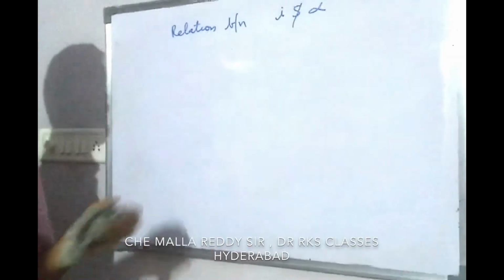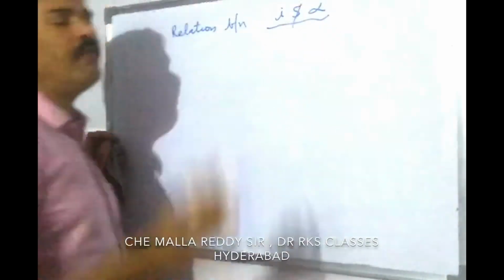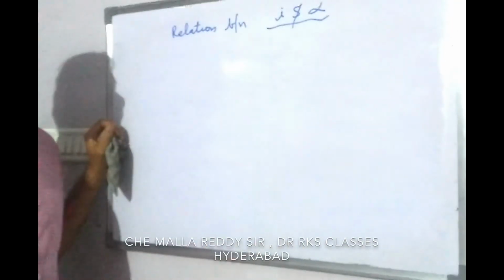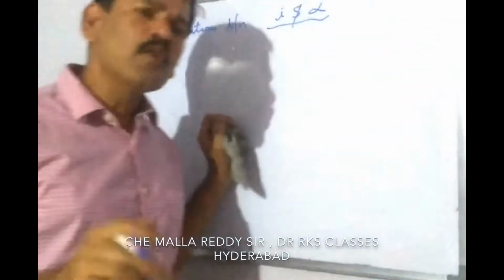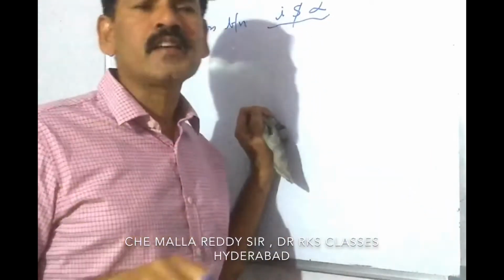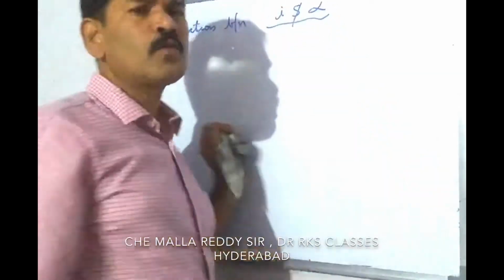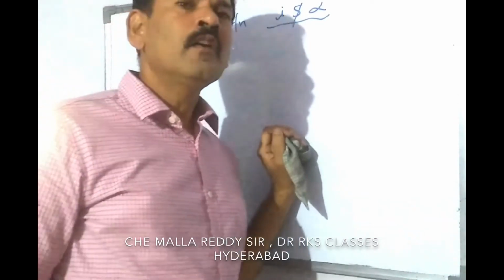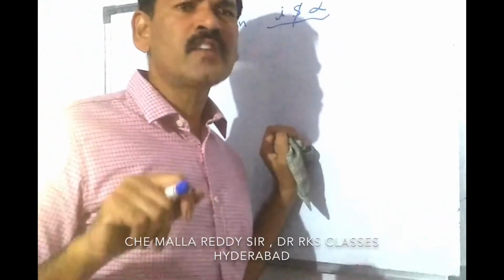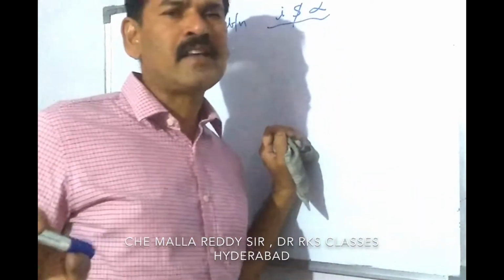Alpha is nothing but degree of dissociation. If solute undergoes dissociation or association 100%, here alpha is equal to 1. If solute dissociation or association is not equal to 100%, in that case this relation is most important.